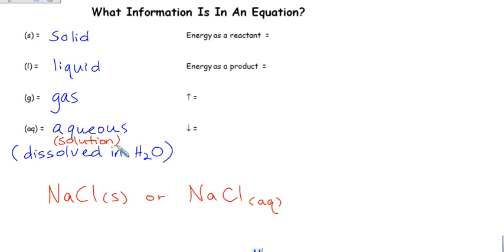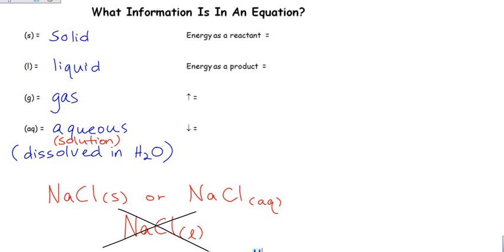The aqueous is a little bit different than the L, liquid. You would never do sodium chloride liquid. That L, liquid, is probably the least used of all the symbols. It's only for something that naturally occurs in the liquid phase. So the most common thing we'll probably use it for?